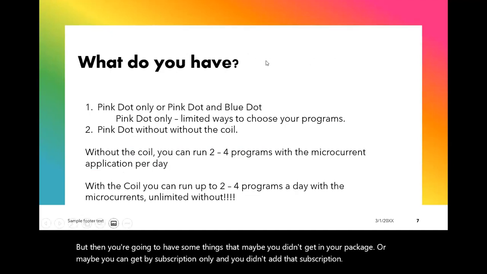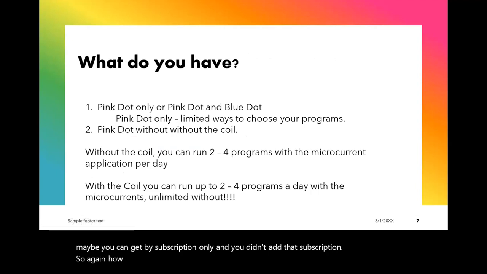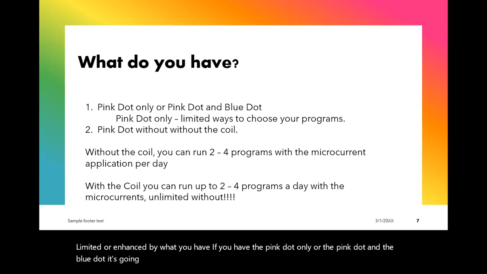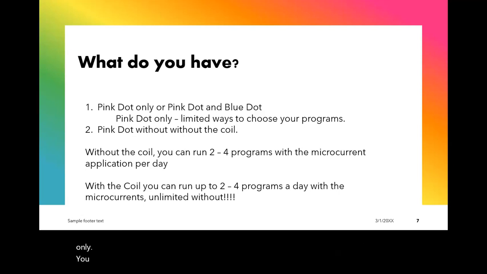So again, how you choose your programs will be limited and or enhanced by what you have. If you have the Pink Dot only or the Pink Dot and the Blue Dot, it's going to change how you choose your programs. Because if you have the Pink Dot only, you are limited in the way to choose your program, since you can't do that scan of your energy field.